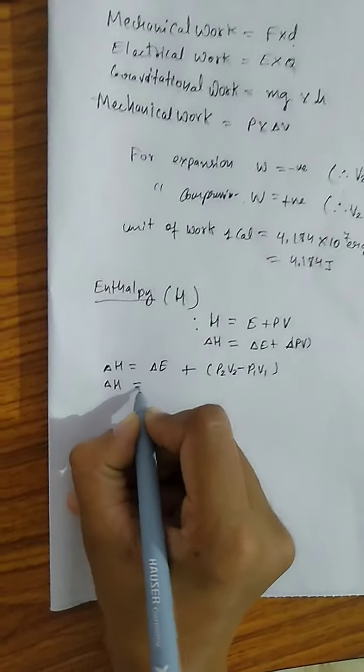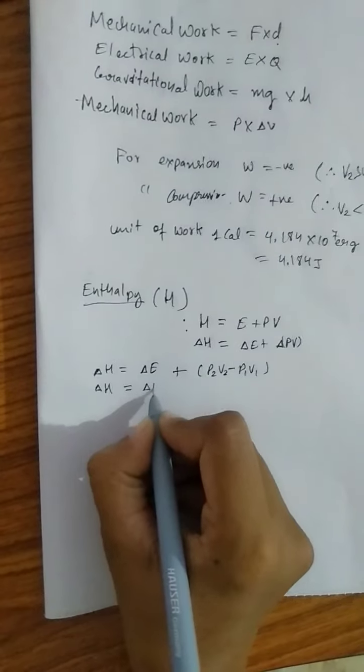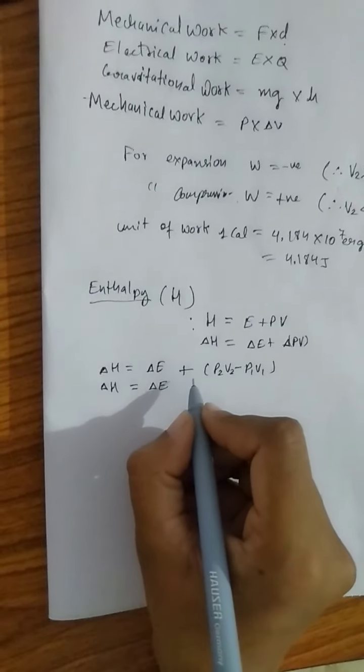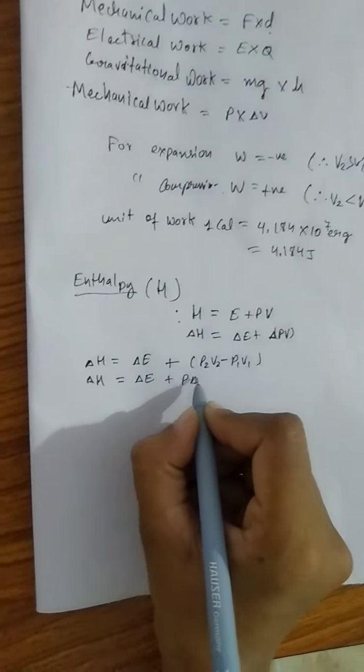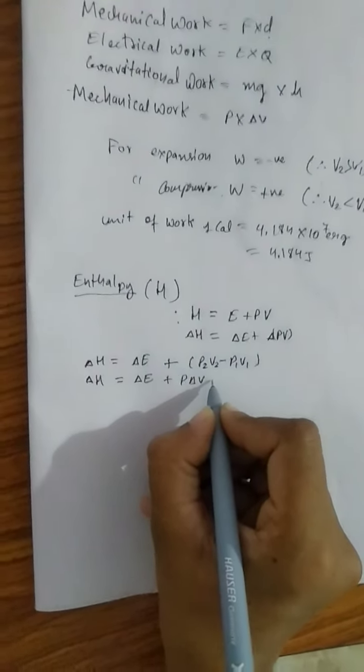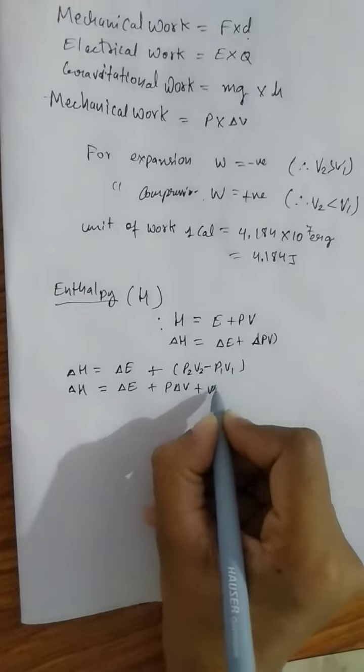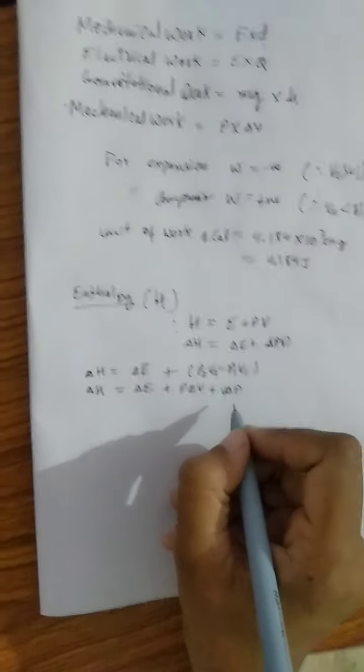Delta H equal to delta E plus P delta V plus V delta P, just differentiating.